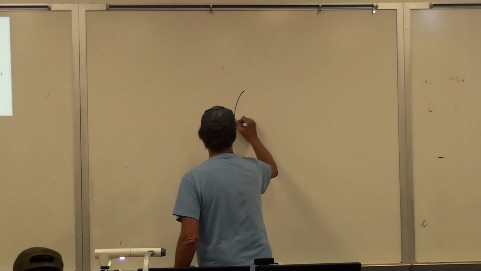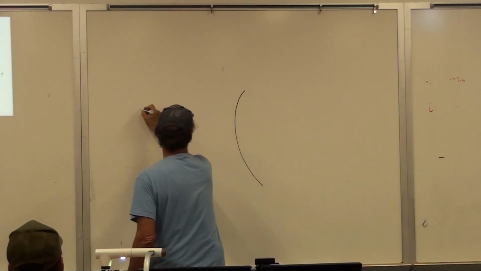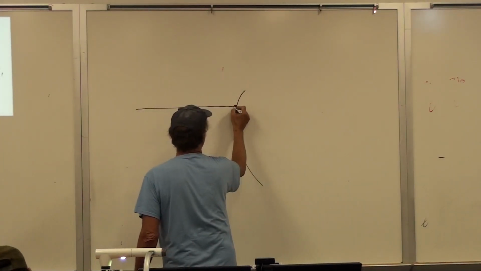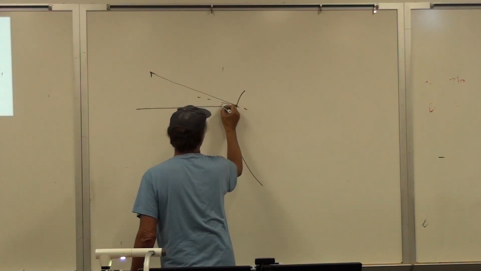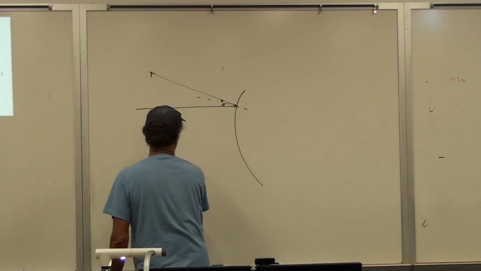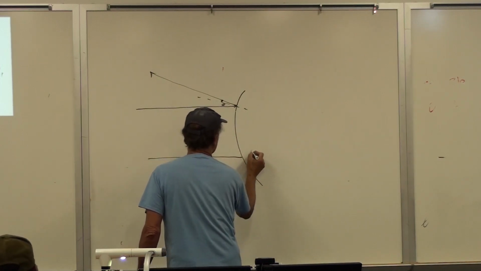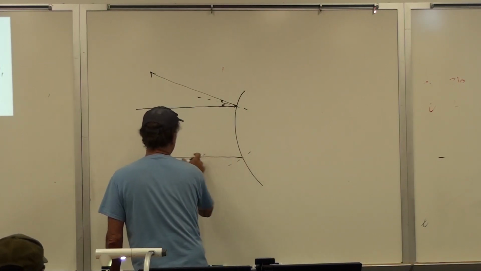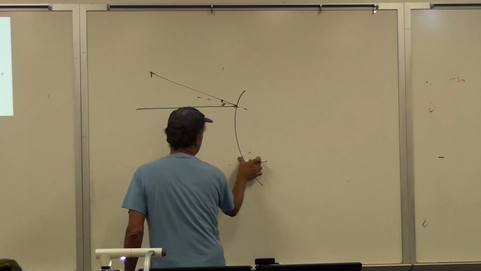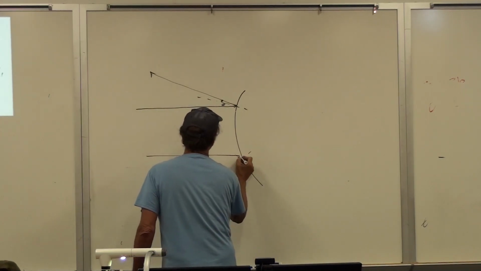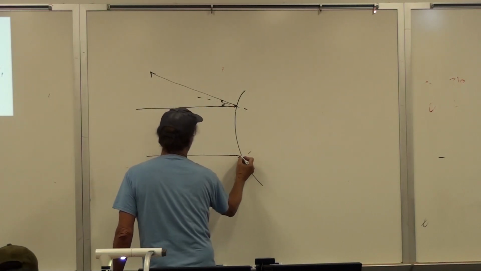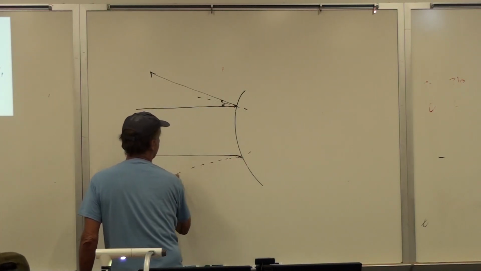Okay, so with the diverging mirror, it pokes out at you. So parallel beams come in, but there's still the angle of incidence equals the angle of reflection. So that's not changed. But the curvature of the surface and the orientation of the normals to the surface have changed. So here this would go in like this, and then come out like that.